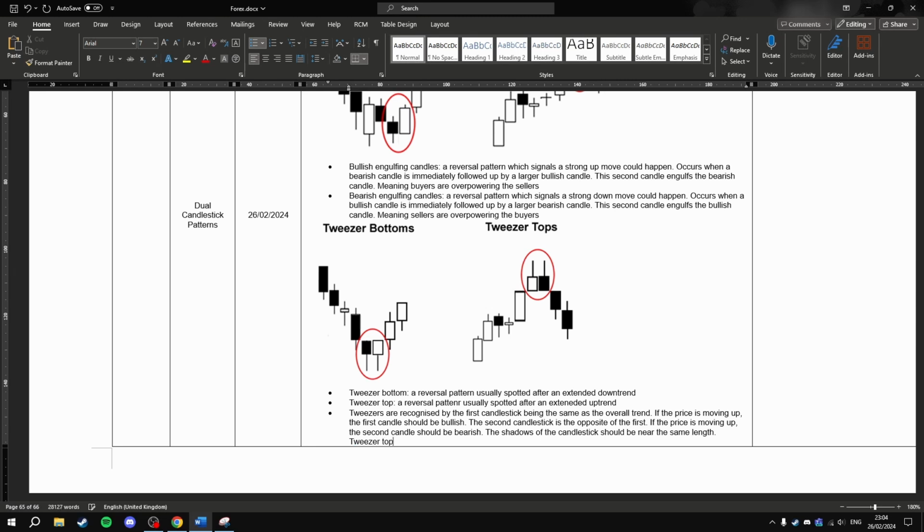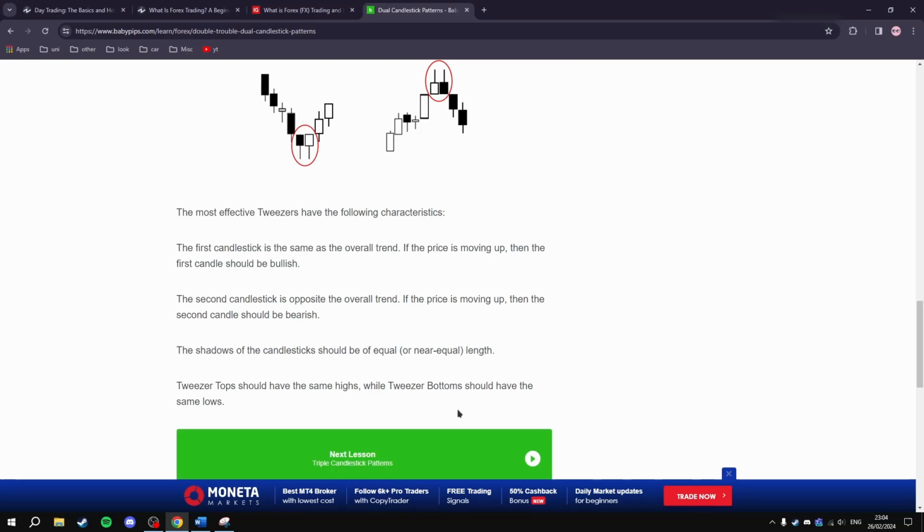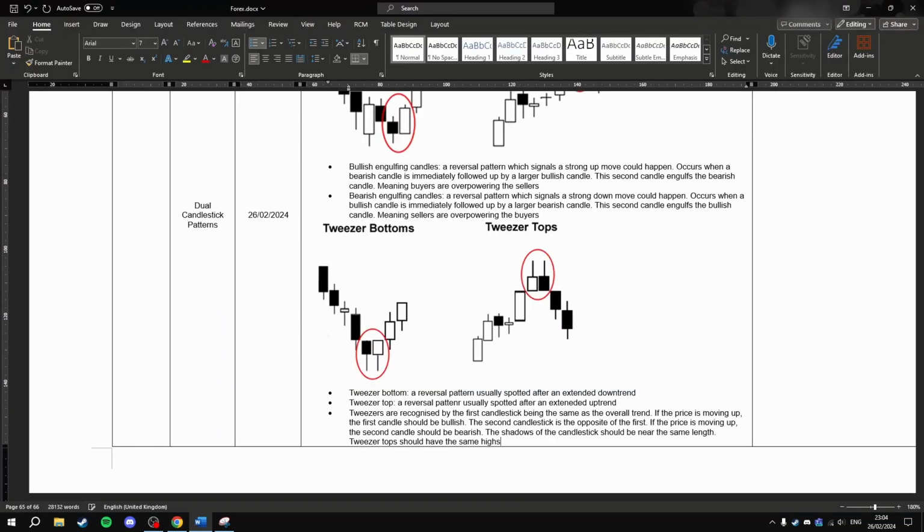Tweezer tops should have the same highs, and tweezer bottoms should have the same lows.